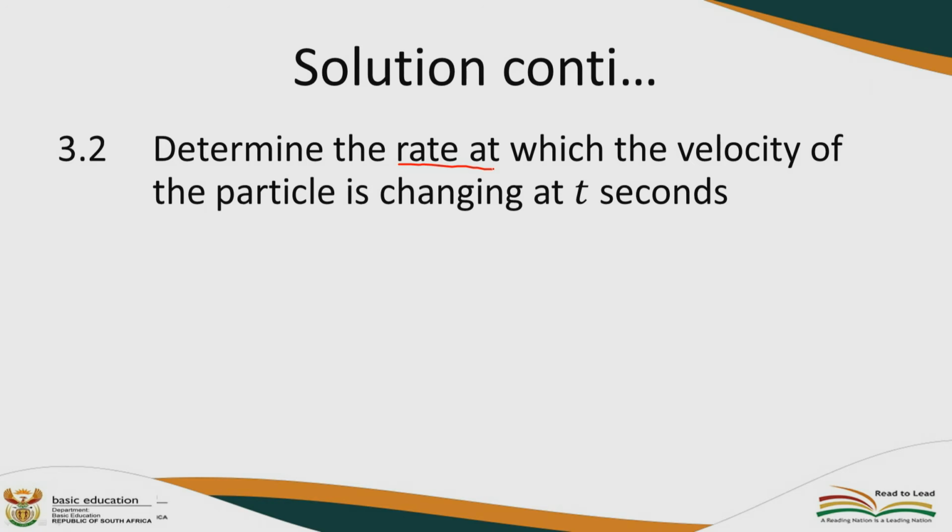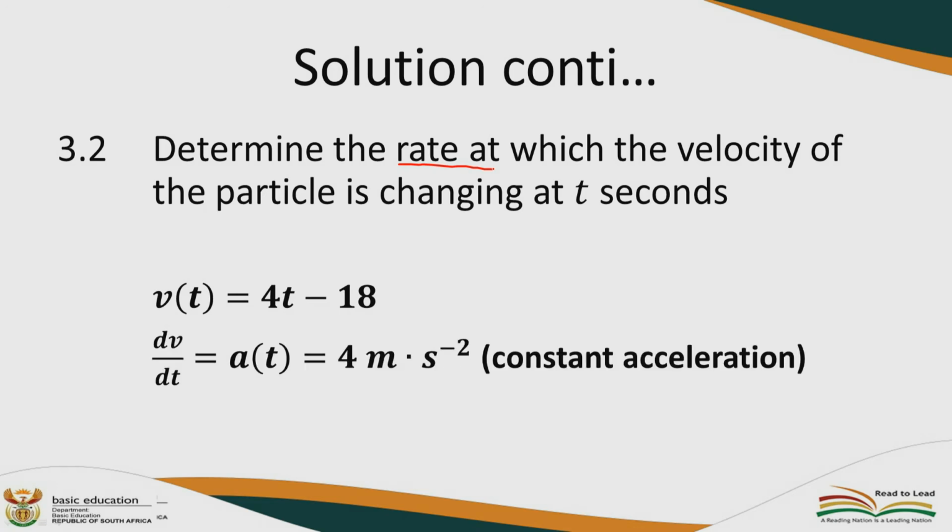To determine the acceleration, we take the expression for the velocity. Acceleration is the derivative of velocity. So we find the derivative of this. We get dv dt equal to a of t equal to 4 meters per second squared.